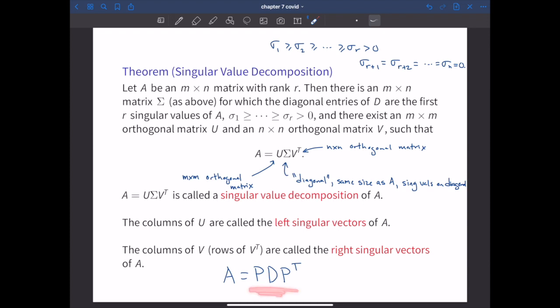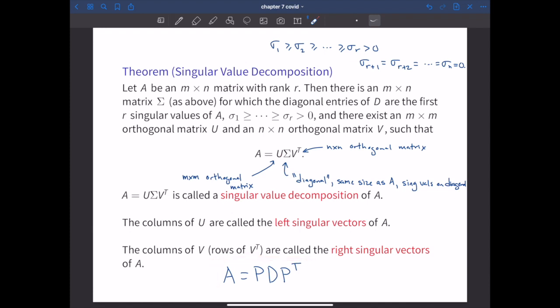Whereas over here, if your matrix is not square, you have to have an m by m piece here and an n by n piece here. Otherwise, you can't piece these orthogonal matrices together in this way. So the very fact that our matrices aren't square forces us to have different matrices here on the left and on the right. And that's one reason why we can't just hope to find something that looks like this.